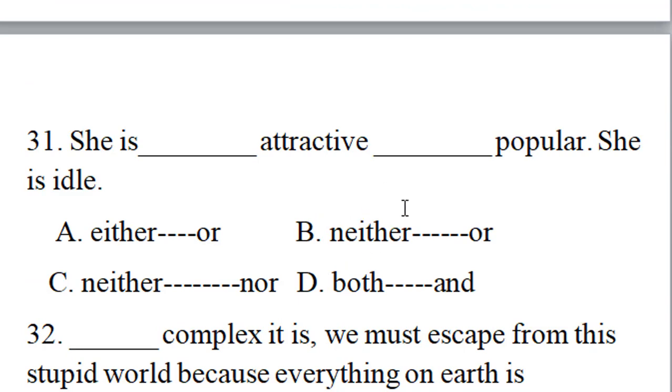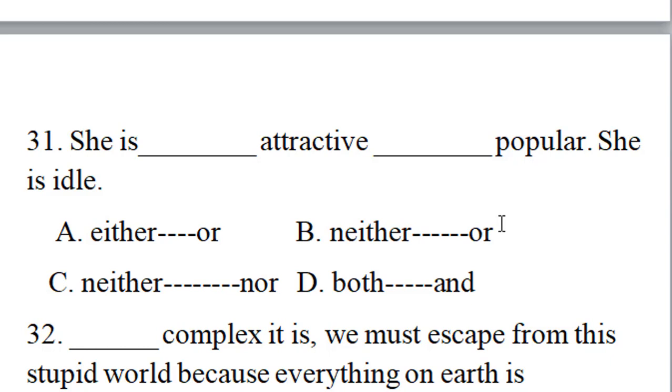Whereas, because two are different, in different categories. So whereas she is blank attractive blank popular, she is idle. She is blank attractive blank popular, she is idle. Either or, neither nor, both and. Connectors are what I asked. What kind of connector? Correlative conjunction, because they are in pairs. What does either or mean? One of the two. Neither nor: not the one, not the other, none of the two.